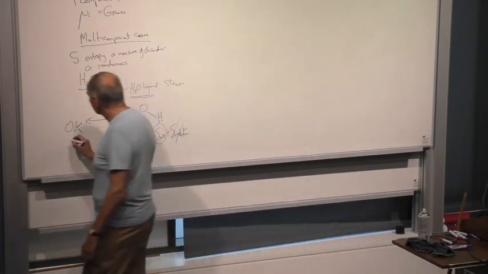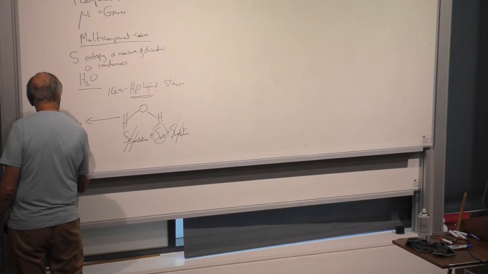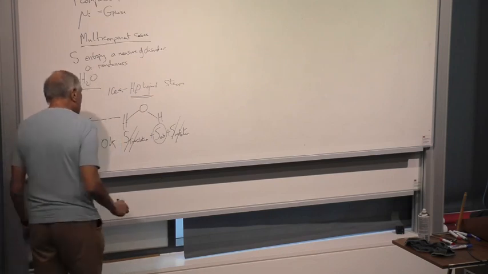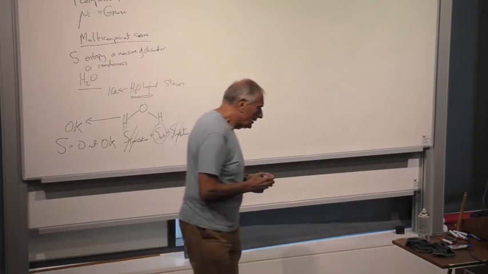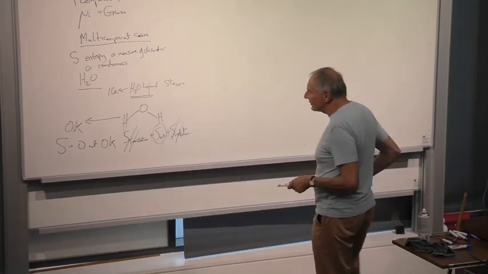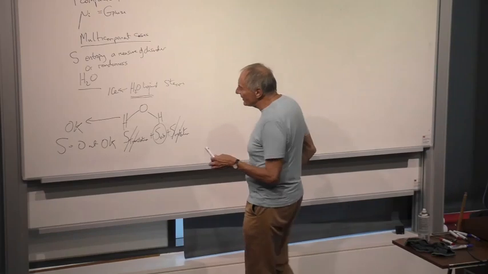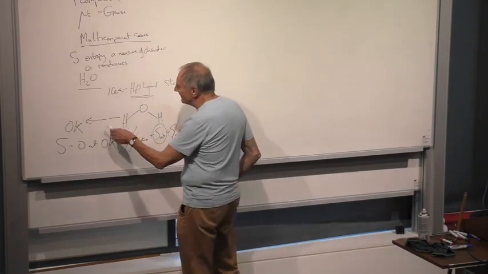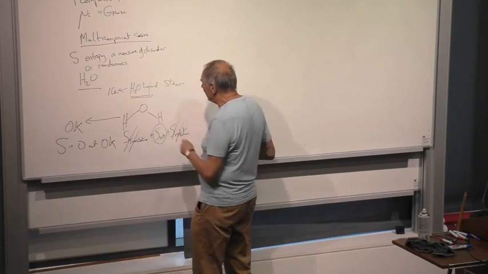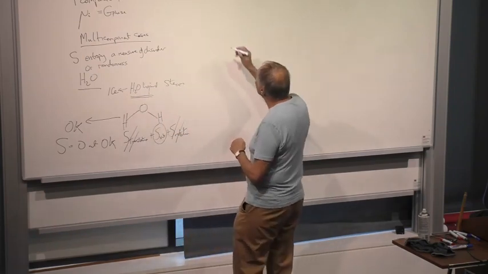So fairly obviously, it's not too difficult to realise that the entropy of ice, the fixed crystal structure, is less than the entropy of liquid water.